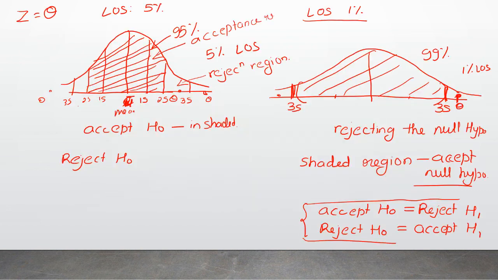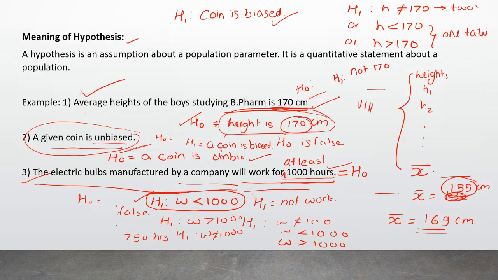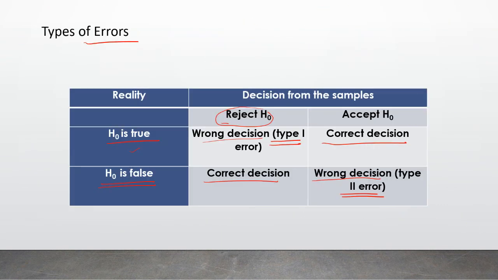I think this video should be enough for you to write the note on testing of hypothesis and these types of errors, so I will not give a separate note on this part.